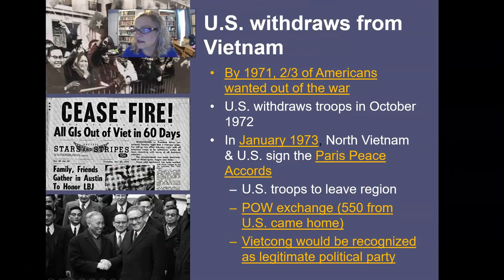Okay, but the United States itself does withdraw from Vietnam. By 1971, two-thirds of Americans wanted out of the war. So we do withdraw. The Paris Peace Accords are drawn up. There was a POW exchange, and the United States recognized the Viet Cong as a legitimate political party. So it was supposed to be an armistice between both North and South Vietnam.